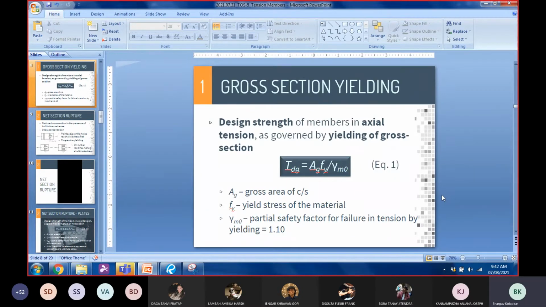Normally an axial load is denoted by P. But here in the IS code, the tensile force is denoted by capital T. It's easier to remember that way. So T stands for tension, or tensile force. And DG, D stands for design, G stands for gross section yielding. So this is a design tensile force for gross section yielding.